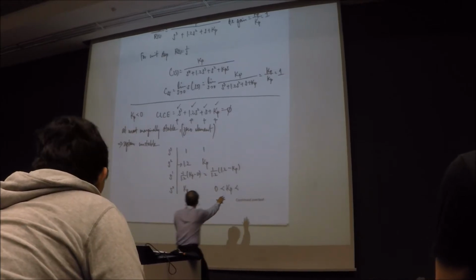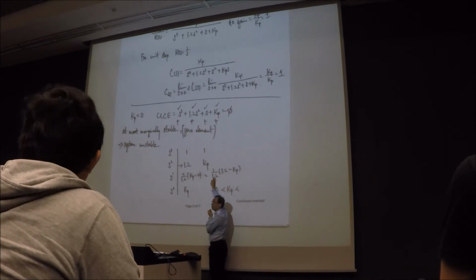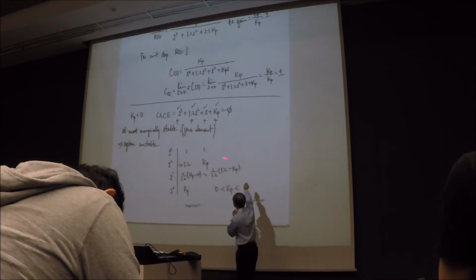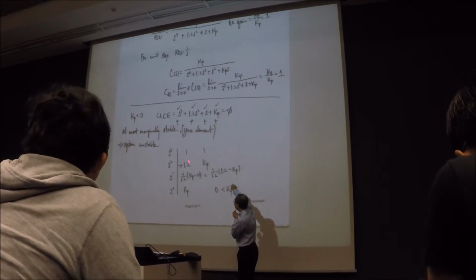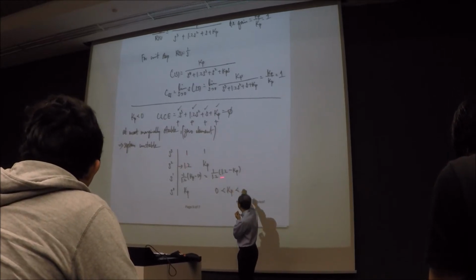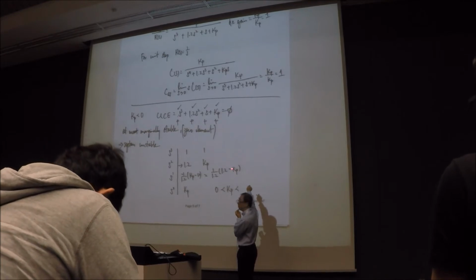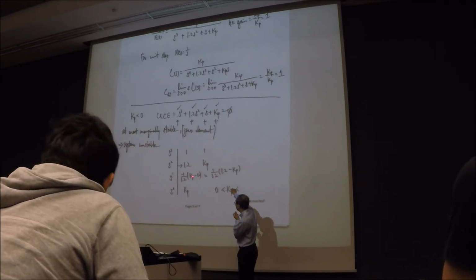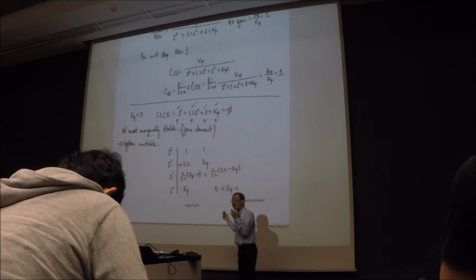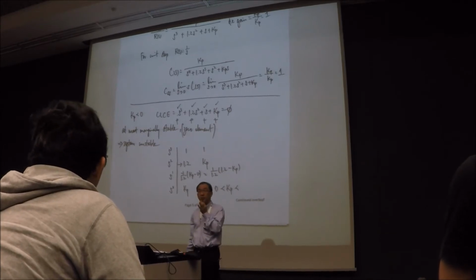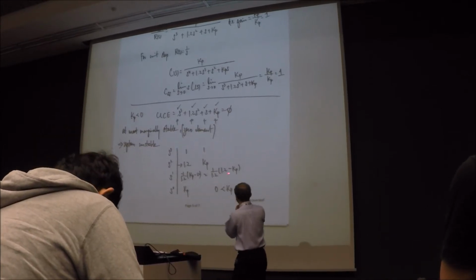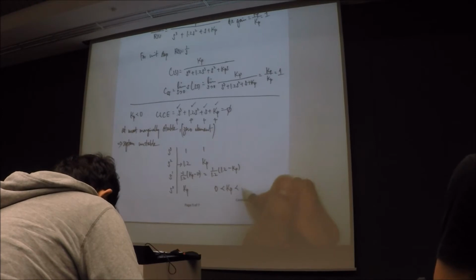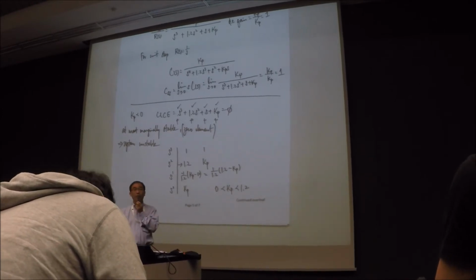The element 1 over 1.2 is just a factor; inside is 1.2 minus Kp, and you want this to be positive. From 1 to 1.2 there is no sign change. From 1.2 to the next one, you have a sign change if Kp is more than 1.2. If Kp is less than 1.2, it is positive, positive, positive, no sign change, and the closed loop system will be stable. Nevertheless, if Kp is greater than 1.2, you're going to have a problem. So we know Kp has to be greater than 0 and less than 1.2.